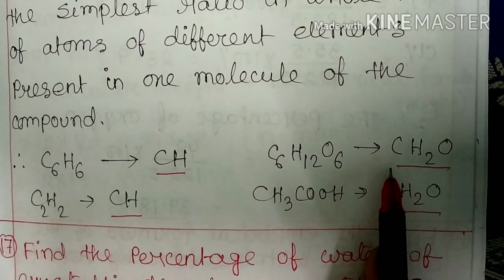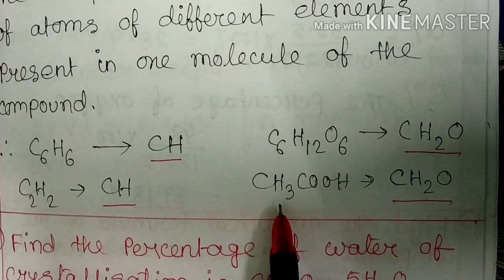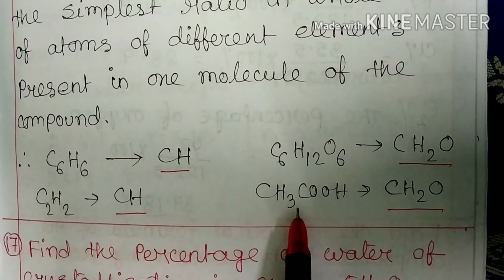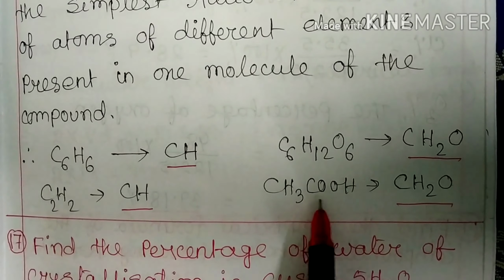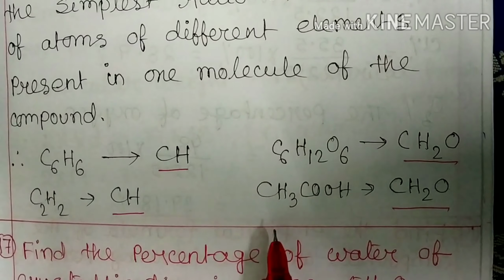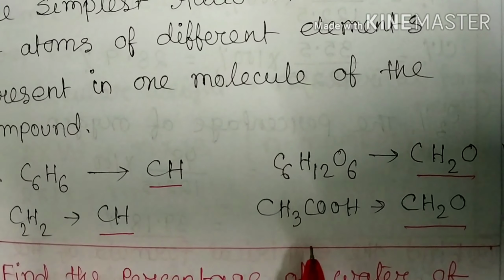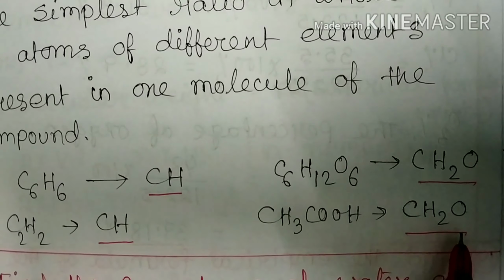Therefore the empirical formula is CH2O. Next, CH3COOH. Here number of carbon atom 2, number of hydrogen atom 4, number of oxygen atom 2. Therefore, the ratio of carbon, hydrogen and oxygen is 1:2:1. Therefore, the empirical formula is CH2O.